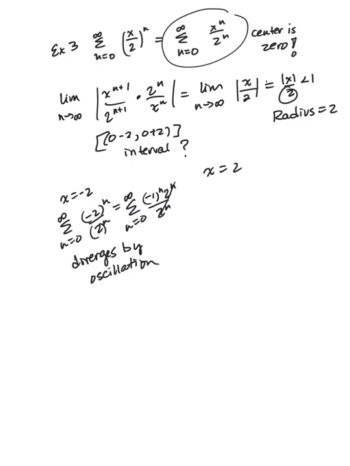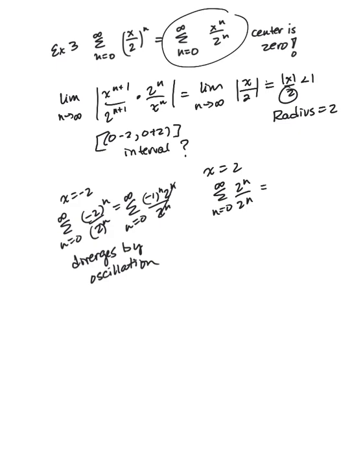Okay, now let's look at 2. So we just get 2 to the n over 2 to the n. Okay, so this is n equals 0 to infinity. So this just ends up being 1 to the n. All right, or you're just going to get a series of 1.